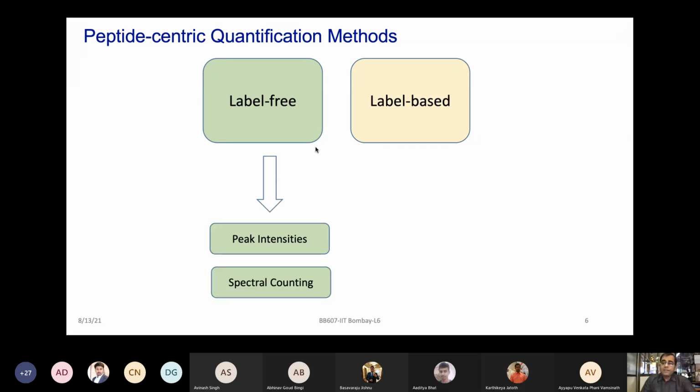The label-free approach, as we discussed in the last class, has more advantages because it avoids any extra label or chemical reaction which you would do on the peptides. At the same time, it is also very cheap and very efficient because you're generating the databases and libraries of each sample differently.